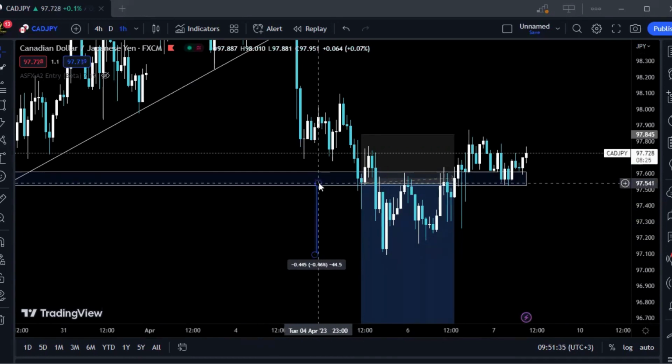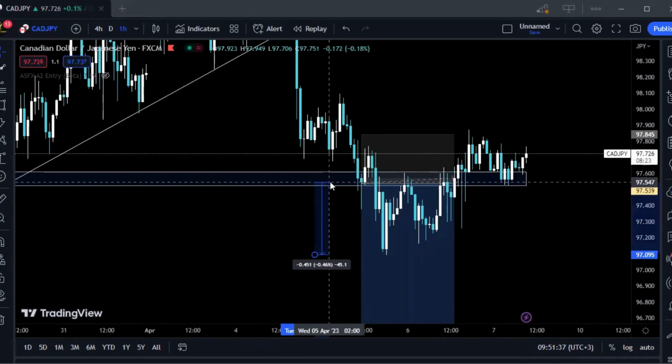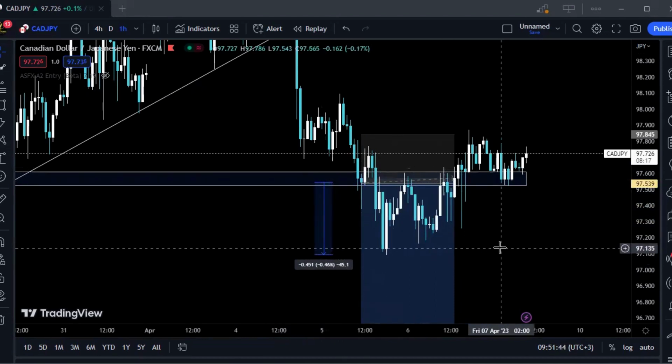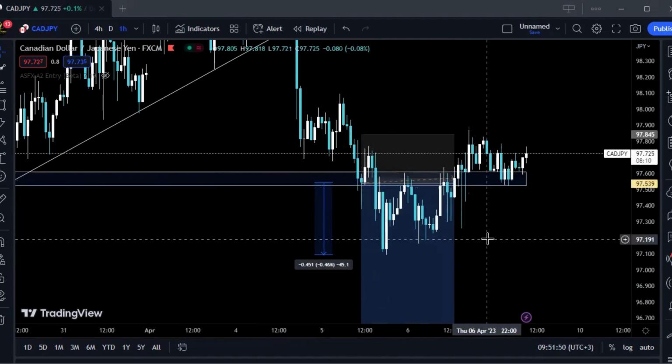I think the entry here, I've marked it wrong. Where's the entry point? Somewhere there, yeah. So you can see it's over 45 pips into profit. It extended over 1.5 hours in our direction before it came back to stop us at break even.